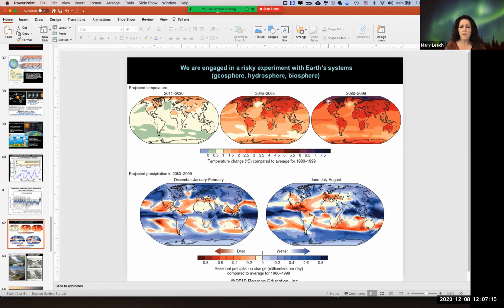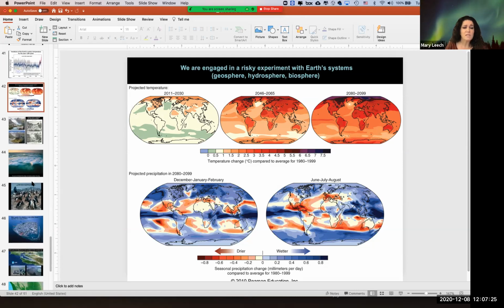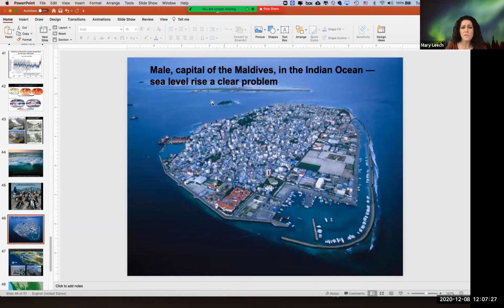We're going to melt the sea ice in the Antarctic. Look at the Antarctic. We're going to melt the Antarctic ice shelf. What is that going to do to sea level? I'll show you what's going to happen to places like this, islands out in the Pacific Ocean. With those temperature changes, by the end of the century, these islands will be gone, period. No one can live there.